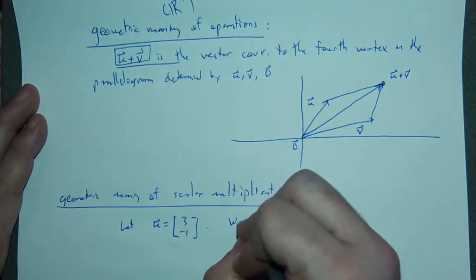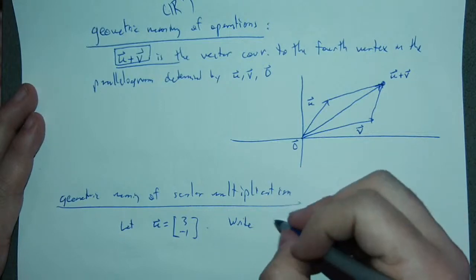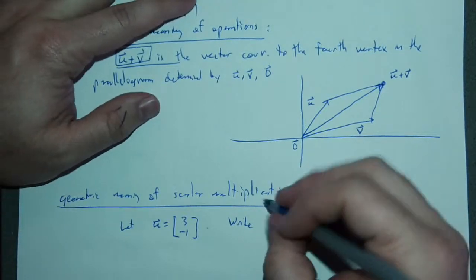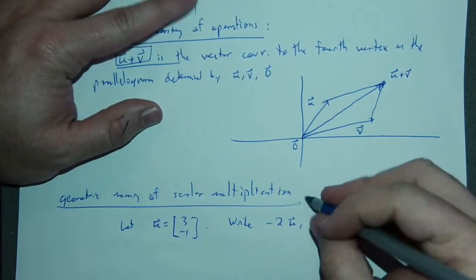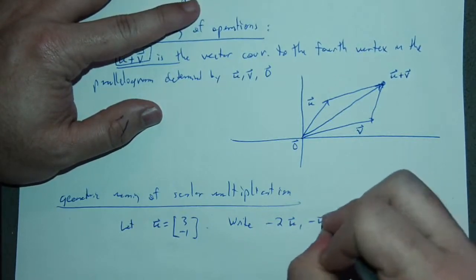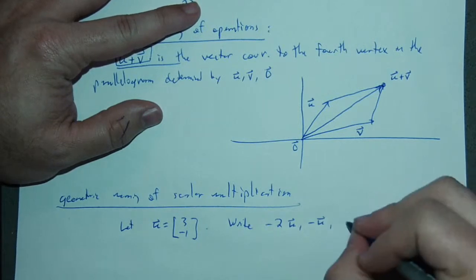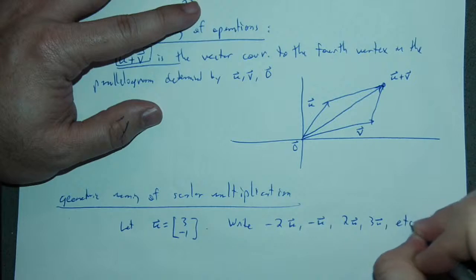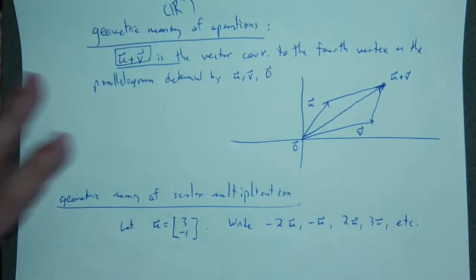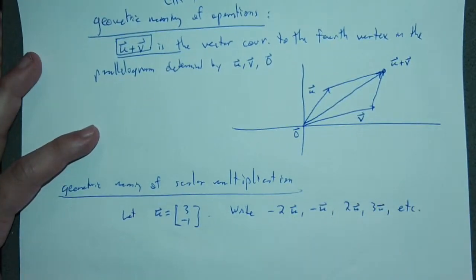So write, say, minus 2u, minus u. So that's minus 1 times u, 2u, 3u, etc. Okay, well, if I just write these things out, then what do I get?